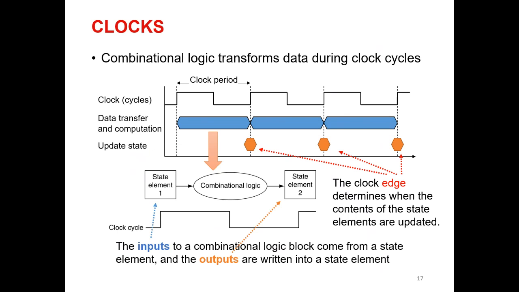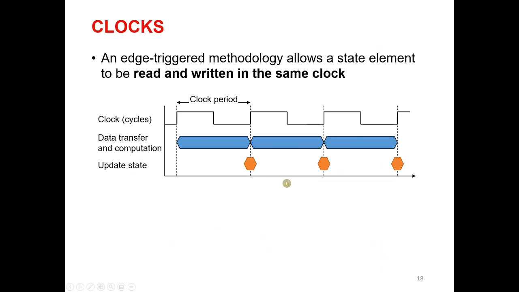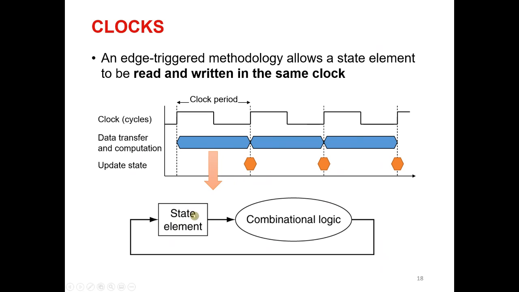In the previous slide we have state element 1, combinational logic, and state element 2, but actually we can do this in the same clock. That means I can have this state element be the input of the combinational logic, and also be the output.